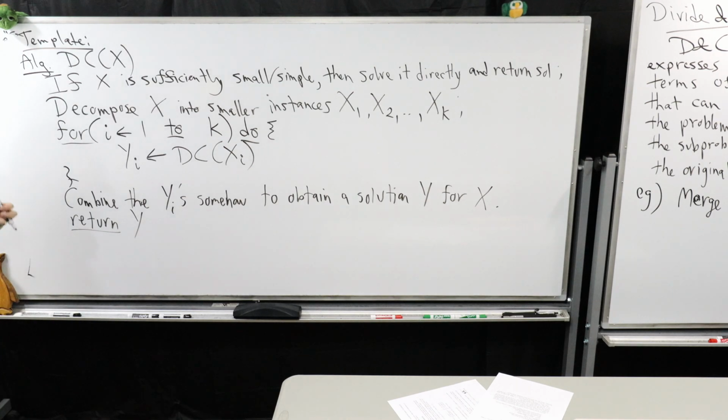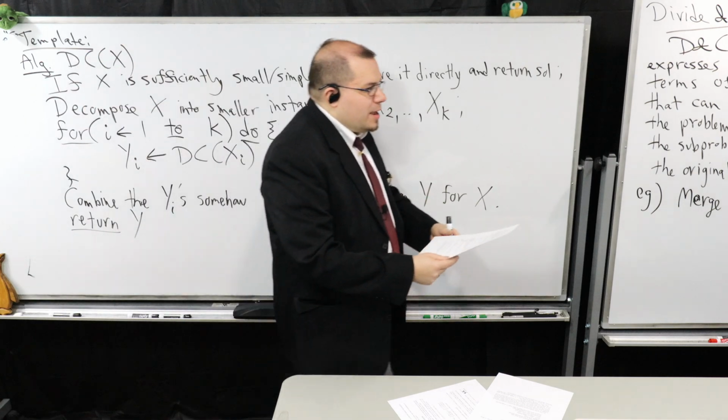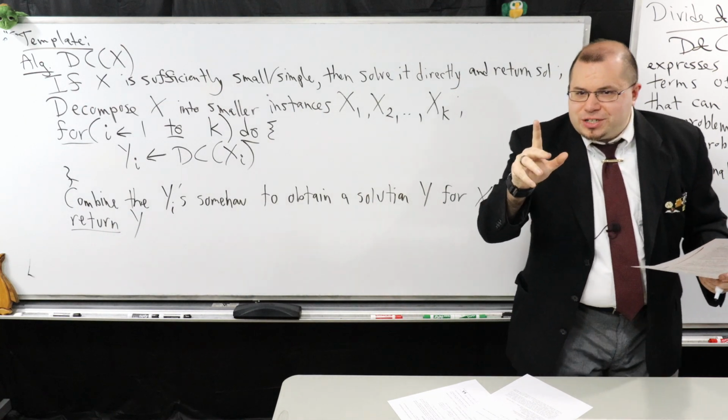So this would be a general template for a divide and conquer algorithm. I want to give you a quick example, and then I'm going to do one visualization for you.